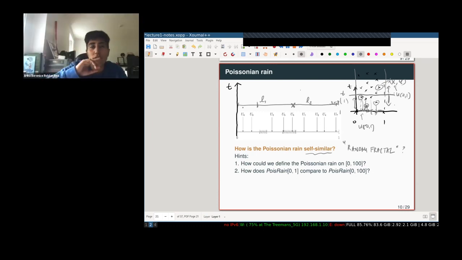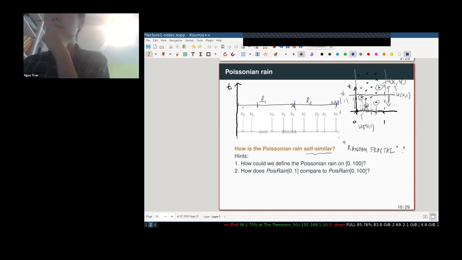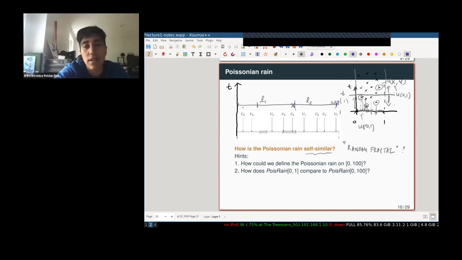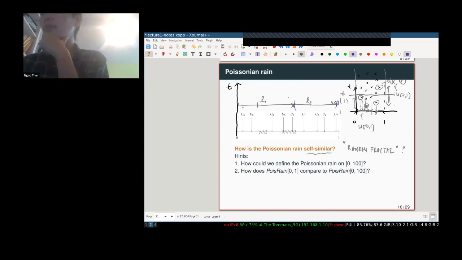I have one question there. Yes, please. So, for example, if we look at L2, the uniform distribution is going to be within that L2, right? Yeah, definitely. If the clock rings at L2, how do we break up L2?